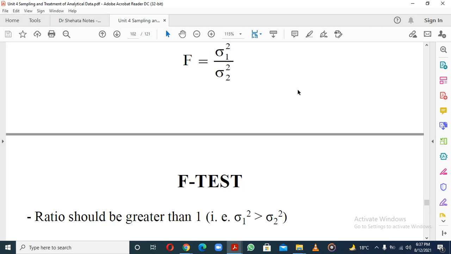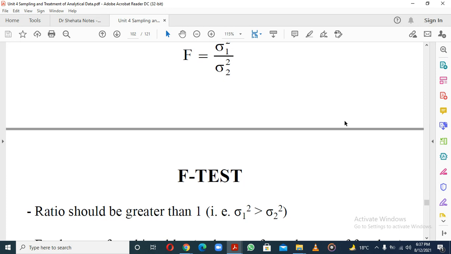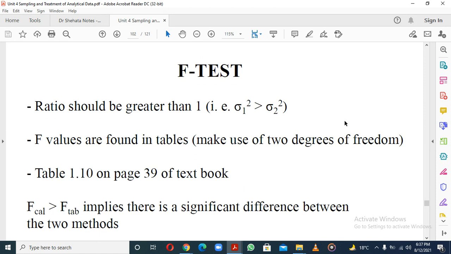I'm sure you are saying 3.5, right? Because when we put 3.5 as the numerator and 2.5 as the denominator, then we are going to have a value which is going to be greater than 1. Then we can do our f test. That's a very, very important point, because people will do it the other way around, and they find that the value of f that they found is not on the f test table, and it becomes catastrophic.